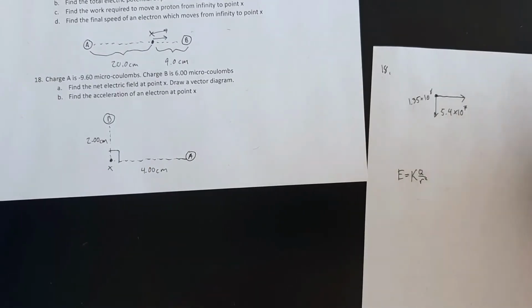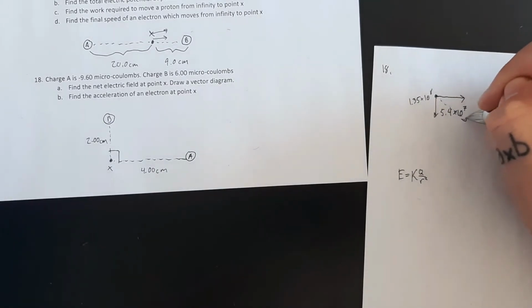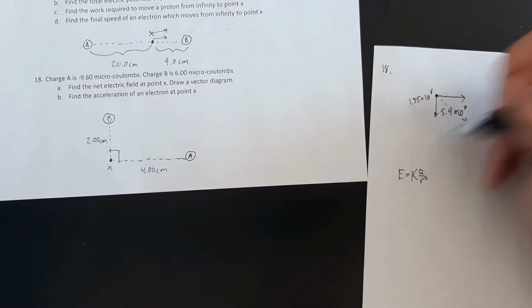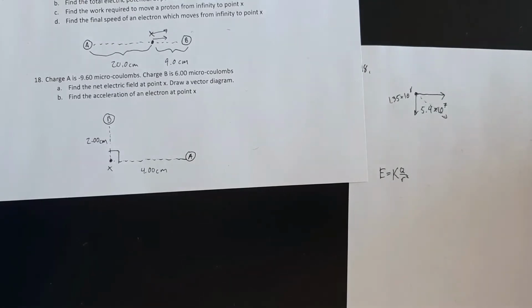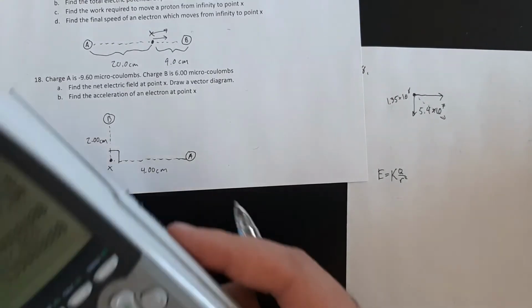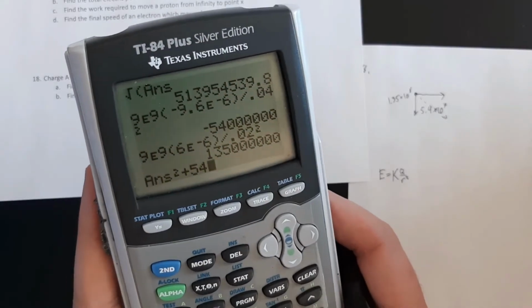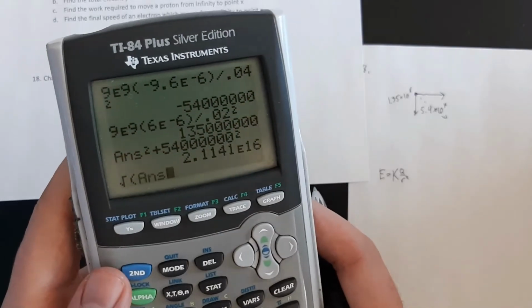All right, if we're looking for our net electric field, it would just be the sum of these 2, which means the hypotenuse of a triangle. It really would have been better if I had planned ahead and not written a number right where I was going to draw it. It's fine. So we're looking for that hypotenuse there, which means we need to use Pythagorean theorem. So squaring our 2 sides and then adding them together and taking the square root.